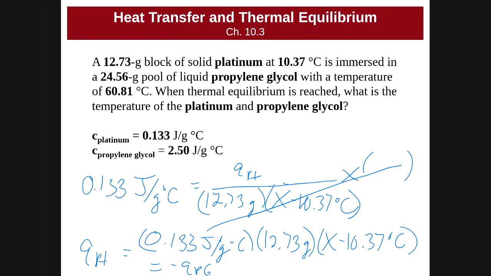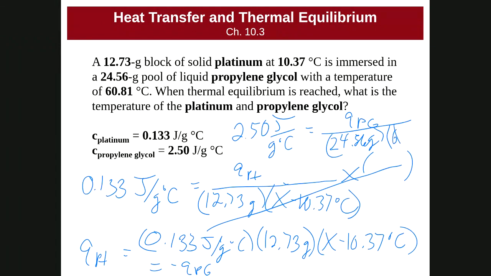All right, so we've got to do the same thing for QPG. So I'm going to do that up here. 2.50 joules per gram degree Celsius is equal to QPG over 24.56 grams times X minus 60.81 degrees Celsius.